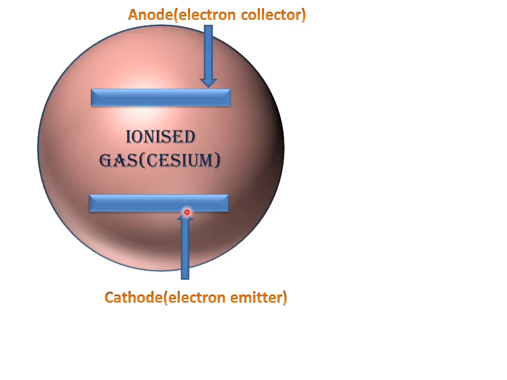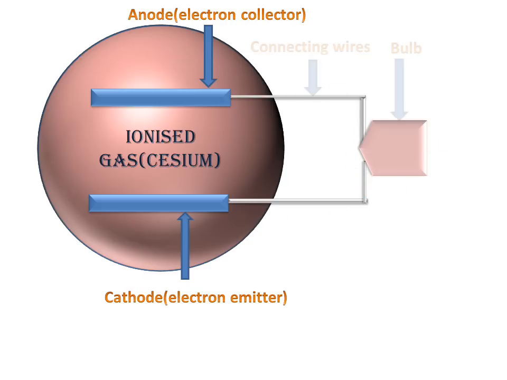The electrons emitted from the cathode will be collected by the anode, and these two electrodes are connected with wires to an electric bulb, from which we can see the electricity production.